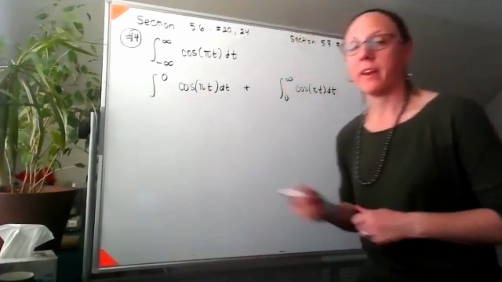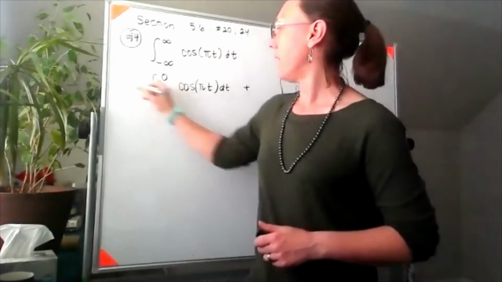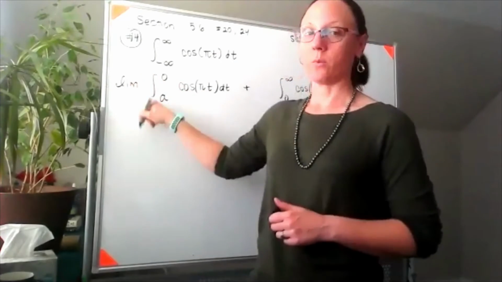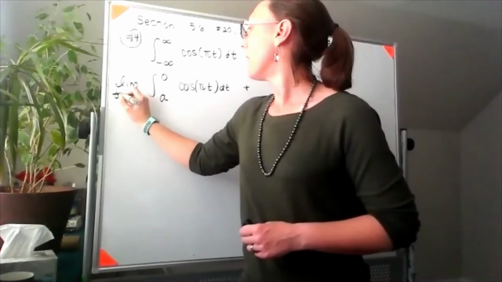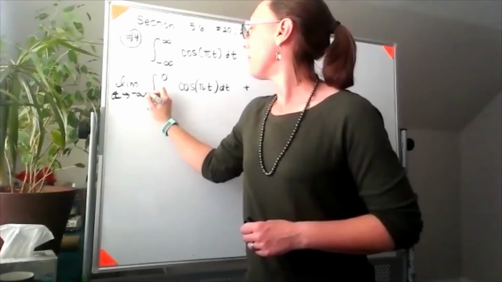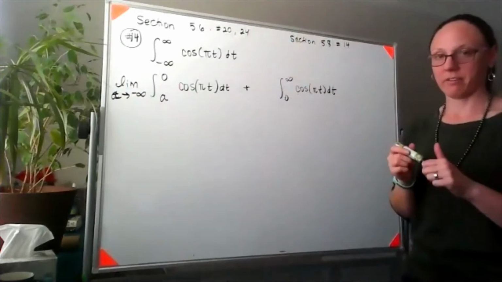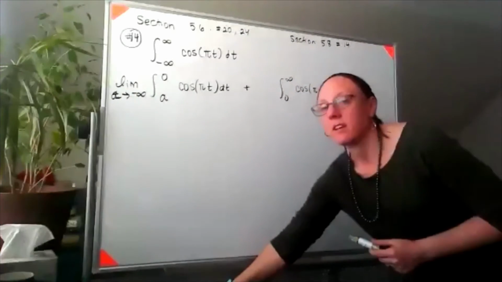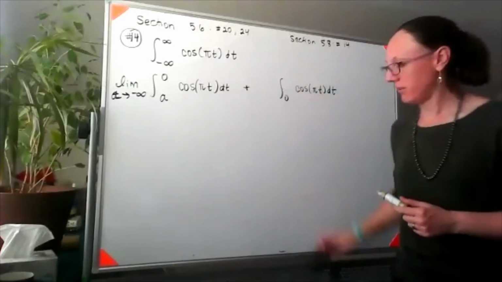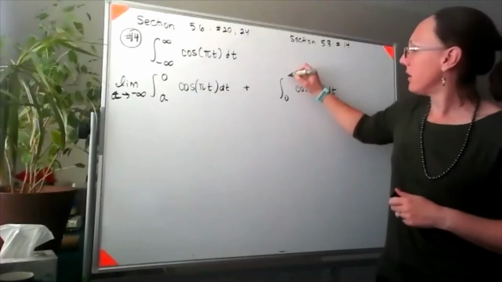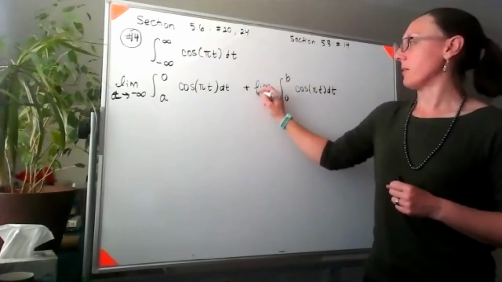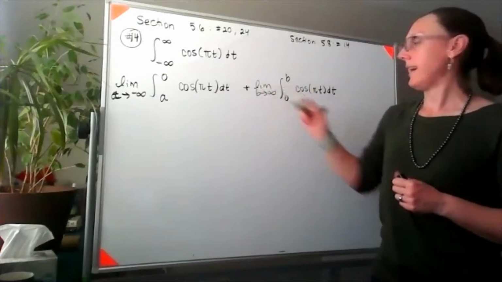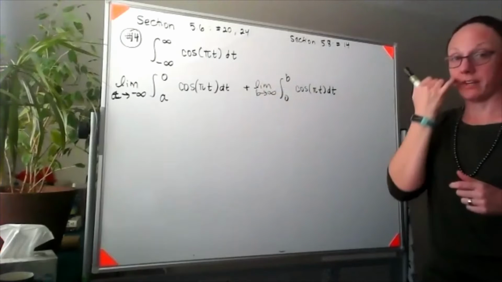So I'm going to swap out that negative infinity and instead write that we're taking the limit as a approaches negative infinity. And then on this integral, I'll get rid of the infinity up there, swap that out for a constant, and take the limit as b approaches positive infinity.